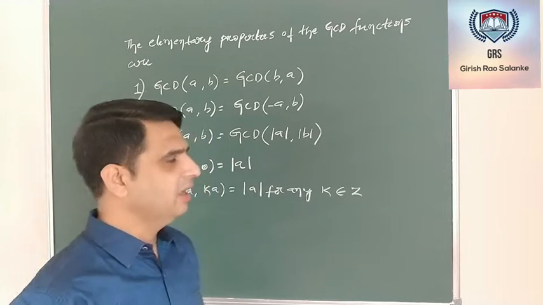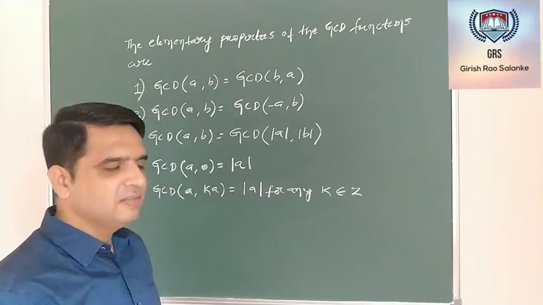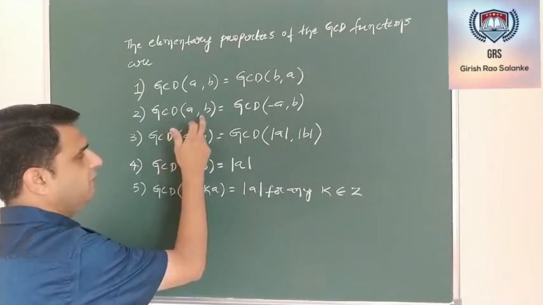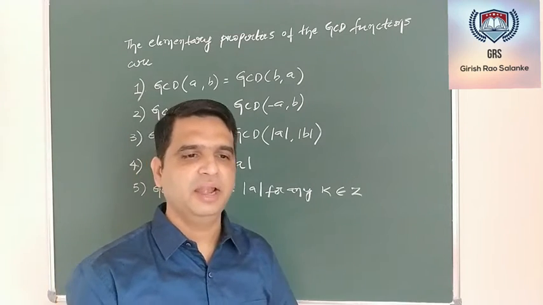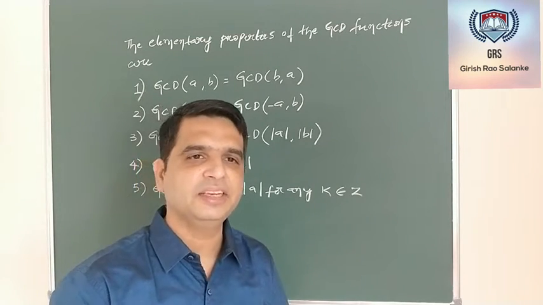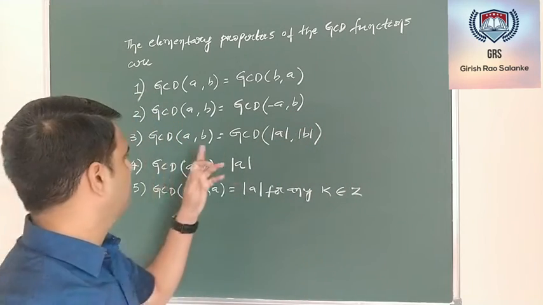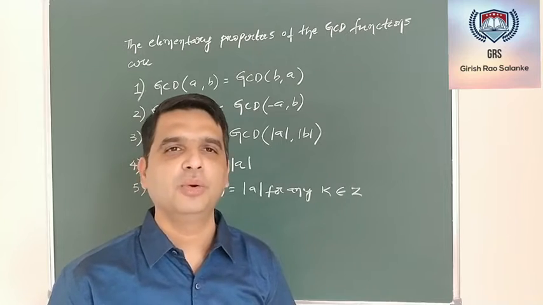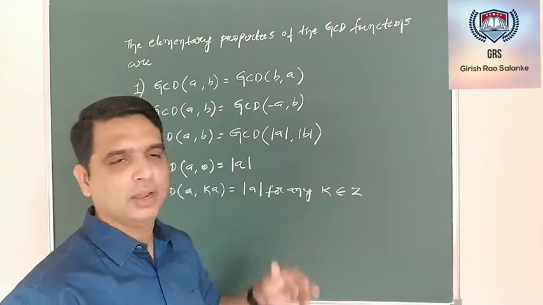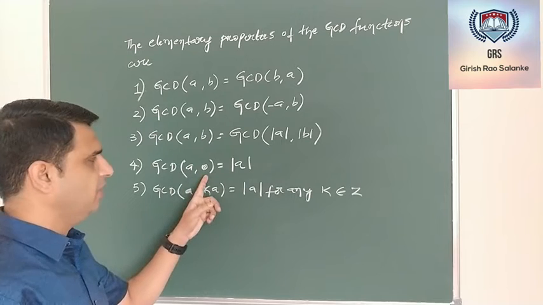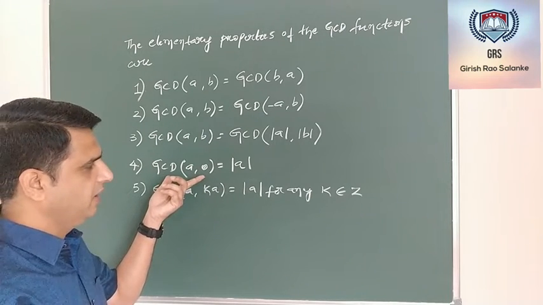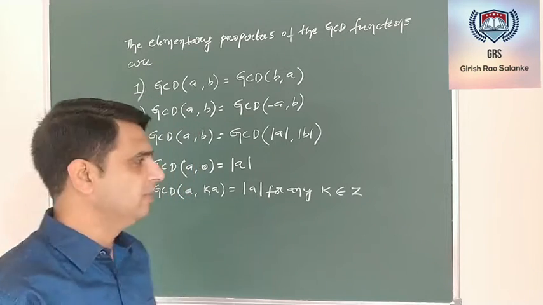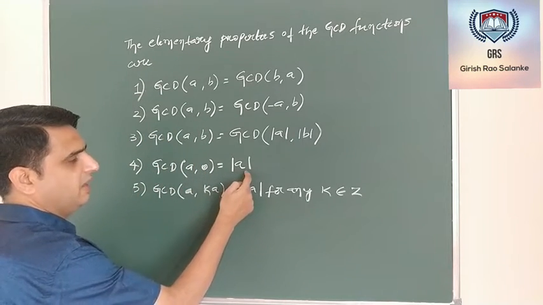The first property: GCD of A comma B is nothing but GCD of B comma A. Next, GCD of A comma B is nothing but GCD of negative A and B. Third, GCD of A comma B is nothing but GCD of the absolute value of A and the absolute value of B. GCD of A comma 0, please note that this is very important, we will be using this property in Euclid's algorithm. GCD of A comma 0 is A.